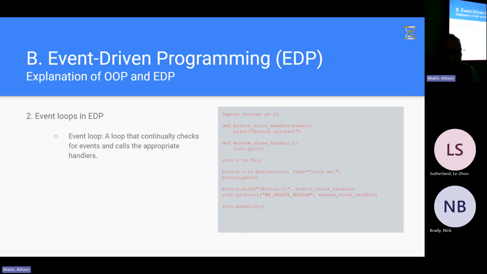Is there any keyboard press? Depending on the camera, is there anything happening in the view? The program is going and checking again and again, and this is one of the properties of event-driven programming, because they have to check these things in a loop. So this is like an infinite loop until you kill that program.